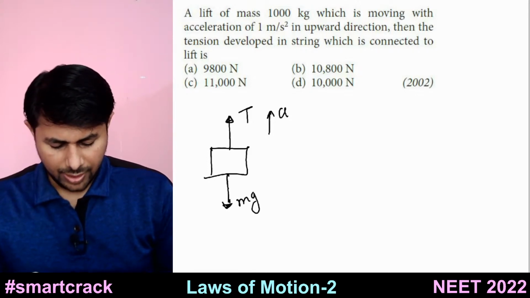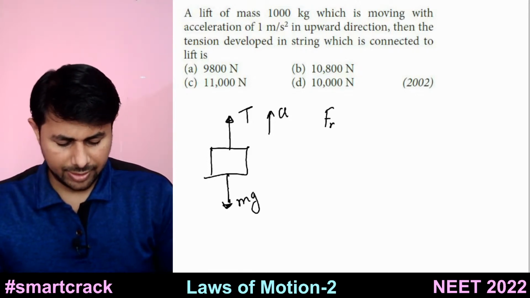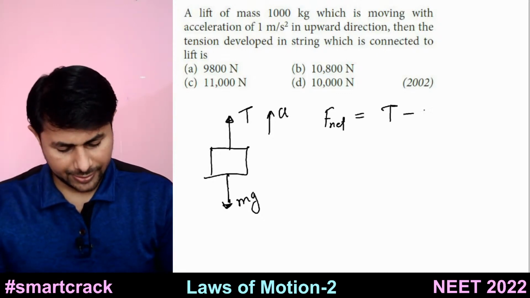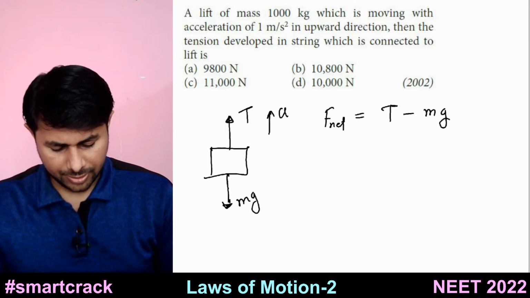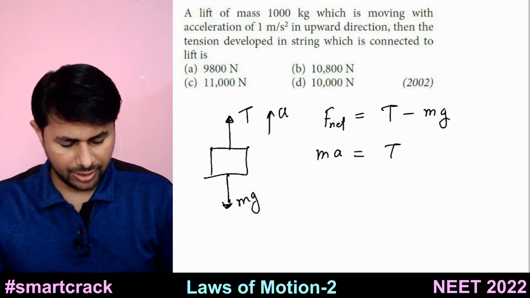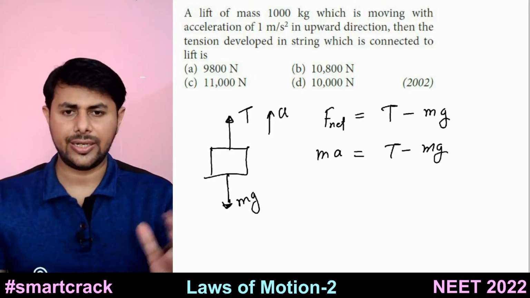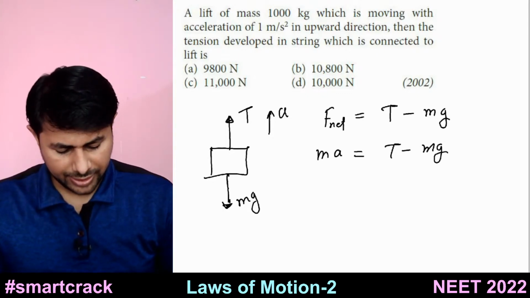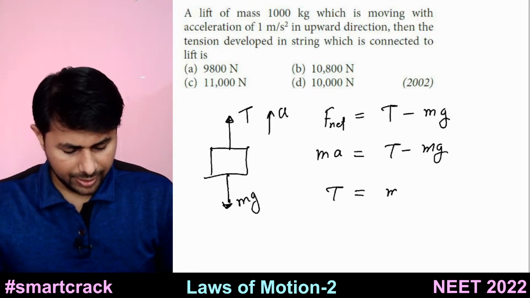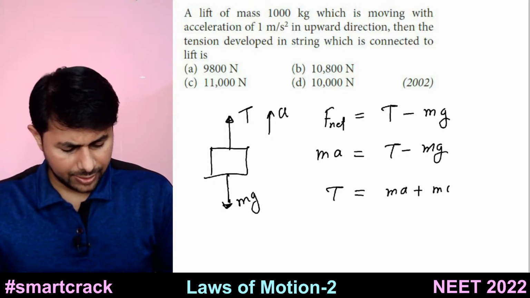Okay, so the net force can be written as what? Total upward force minus total downward force. So it is m into a is equal to T minus mg. You can take mg on the other side. So you get T equals ma plus mg.